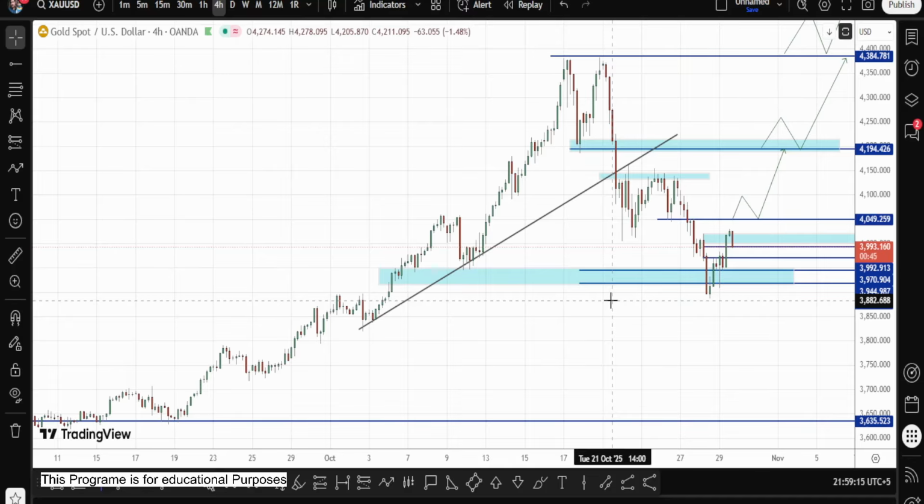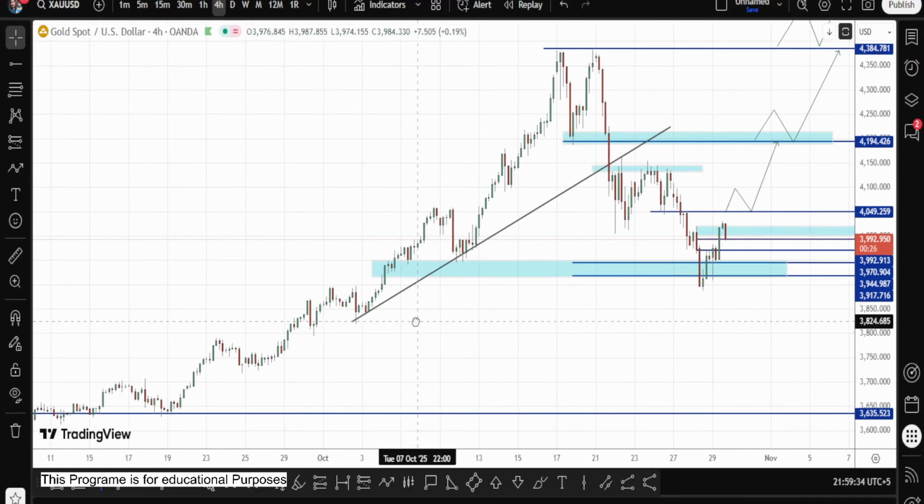Plus, try to be on one side of the market. If you are a seller, then be a seller and sell from the sell zones. If you are a buyer, then wait for the buy zones and buy from the buy zone. This is the simple mantra, the simple technique. No rocket science.